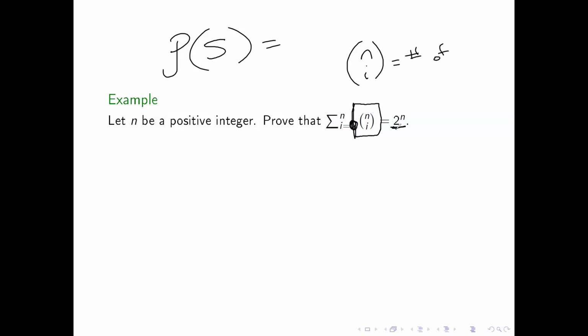Well, what was this just counting? 2 to the n is the number of binary strings of length n. Well, binary strings, but what did we just talk about just now? This actually counts, we just said this also counts what? The number of subsets in your power set. So what could this count in terms of subsets?